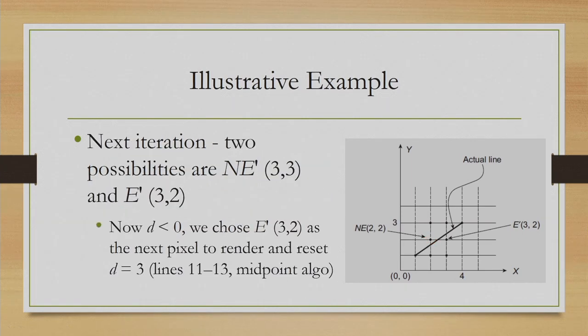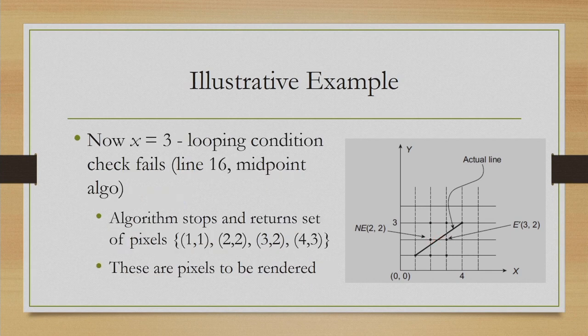Now, after choosing NE, in the next iteration we choose this pixel, E dash, depending on the value of D, and then again we reset D. Now, after choosing these two pixels, we check that we reach the other endpoint.